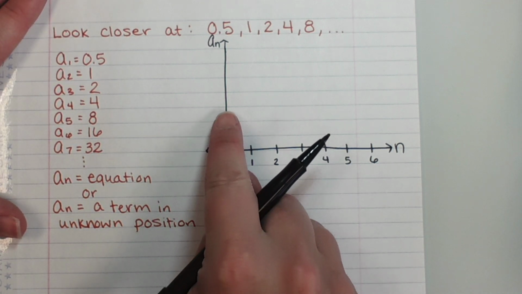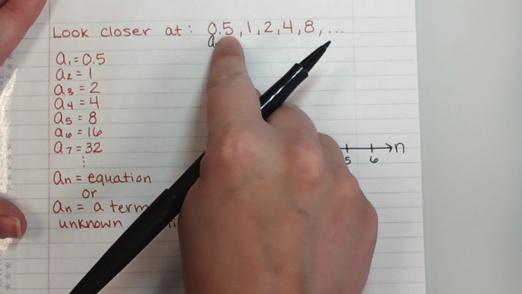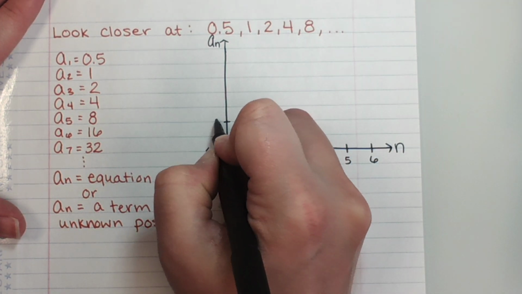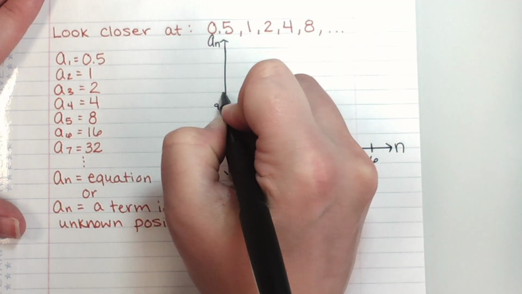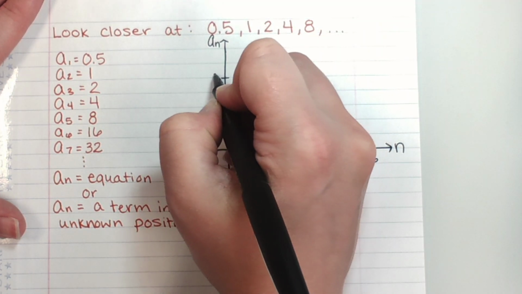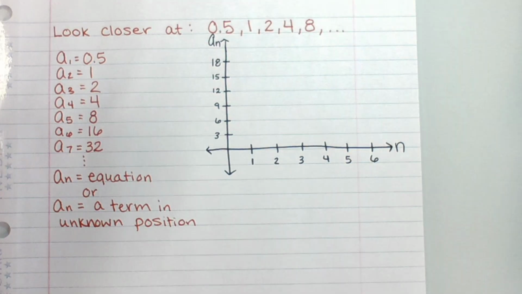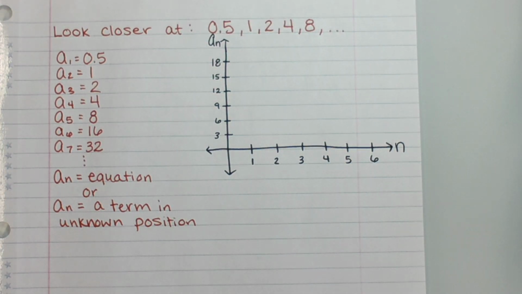Let's see, 1, 2, 3, 4, 5, 6, 7. Dang it. Guess I'm going to count by 3s. There we go. They'll all fit then. Again, the n value is the horizontal, the actual number in the list is the vertical, the a sub n.